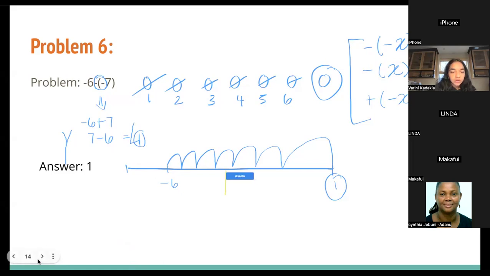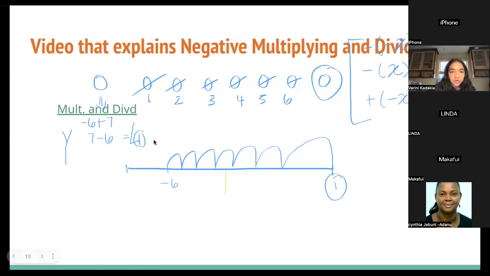Okay. So now we're going to move on to a video that explains negative multiplying and dividing. So I'm going to clear the board.